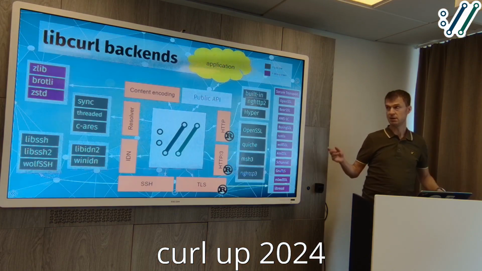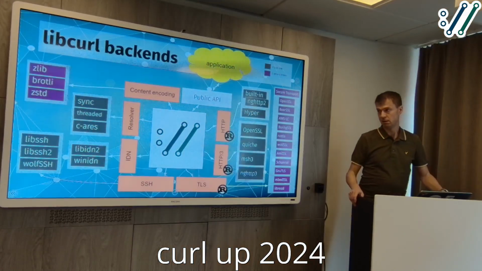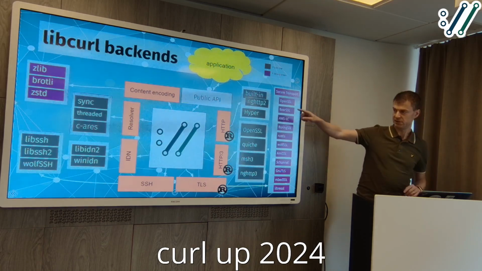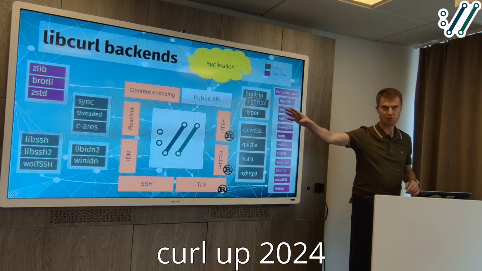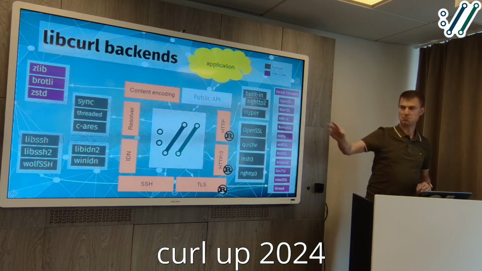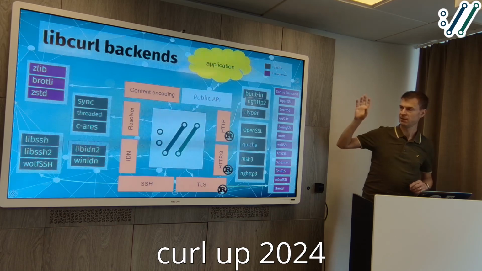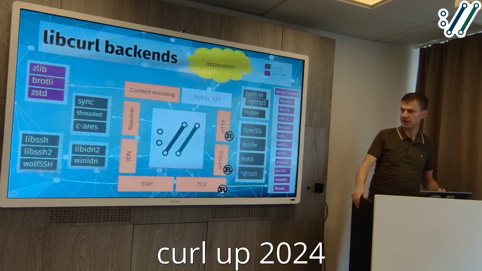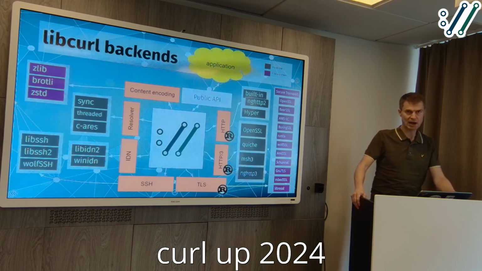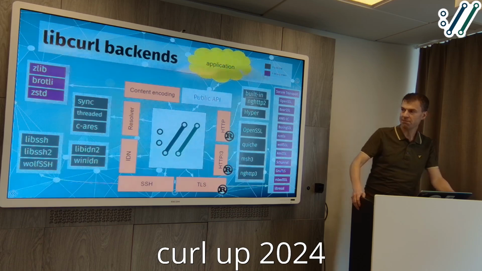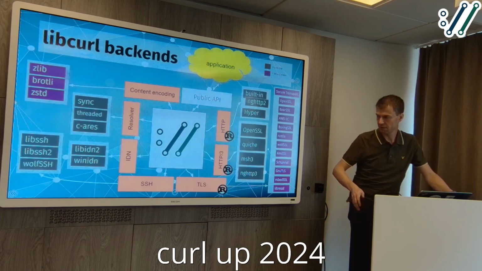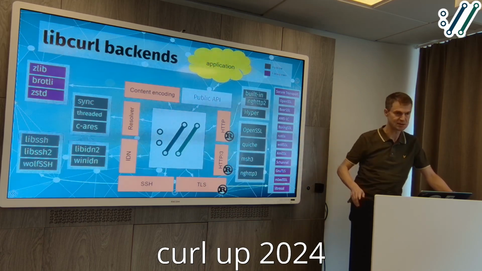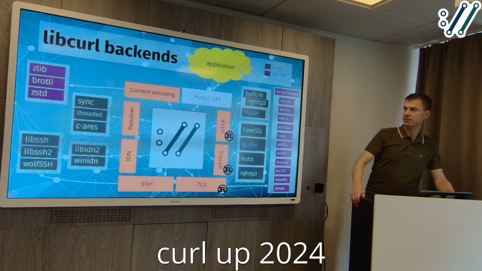So curl is in there in the middle. That's the core curl, and all of these orange boxes around it are internal APIs that abstract the actual action behind them, and often we have a lot of different libraries and backends behind those internal APIs. I marked a few.